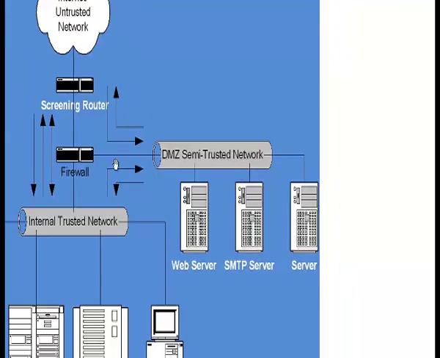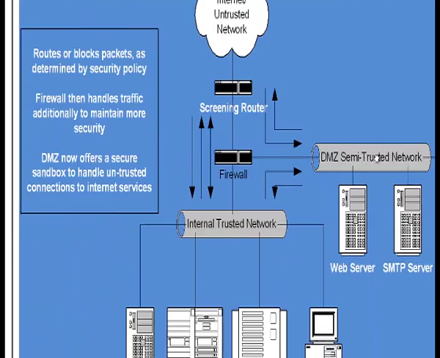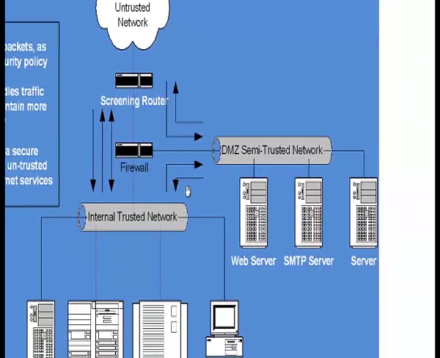So, this separates the internal user and the external user into a secure zone. As we can see, some applications related to your web server, SMTP server and general internal servers are going to be separated from your end user through the DMZ semi trusted network. So, here it is offering a secure sandbox to handle untrusted connections to the internet services.